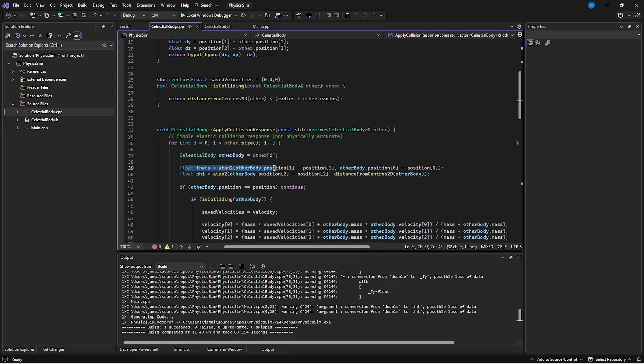So I define theta, which is arctangent of the other body on the y-axis minus my position on the y-axis, comma, other body on the x-axis minus my body on the x-axis.